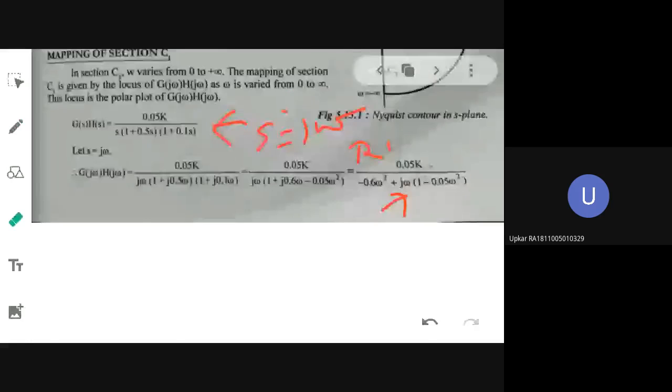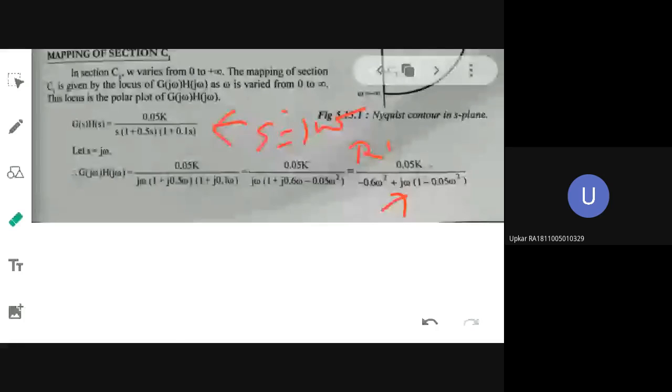It is omega times (1 minus 0.05 omega squared). That is your imaginary part, shown by the arrow mark. Make a note of the real part also: the real part is 0.05 K divided by minus 0.6 omega squared.